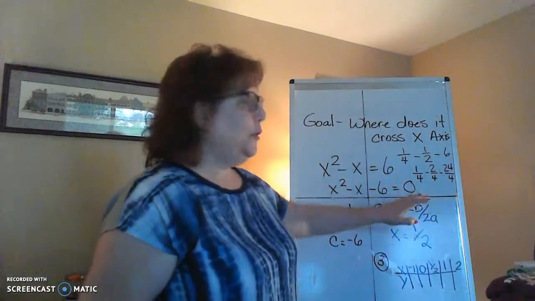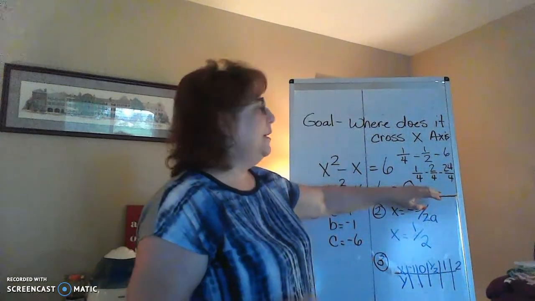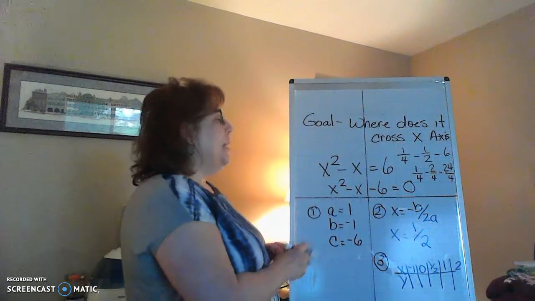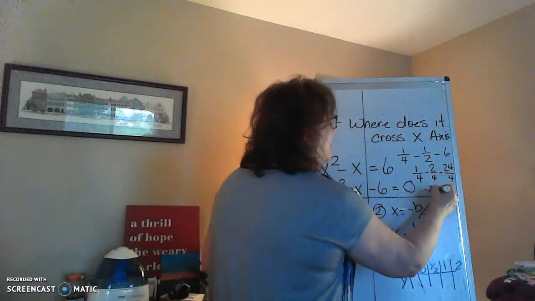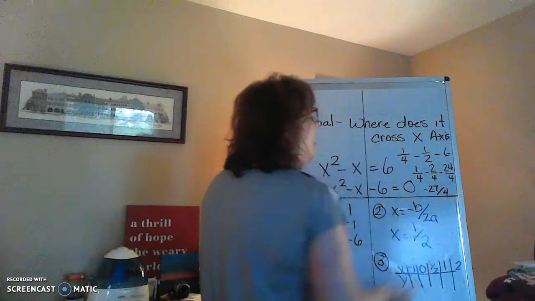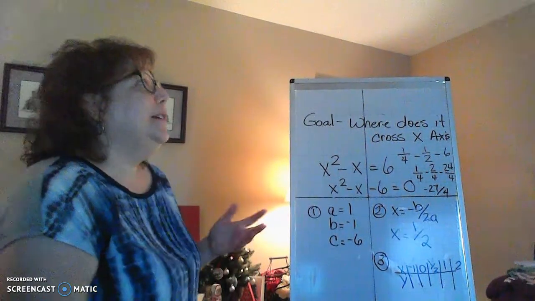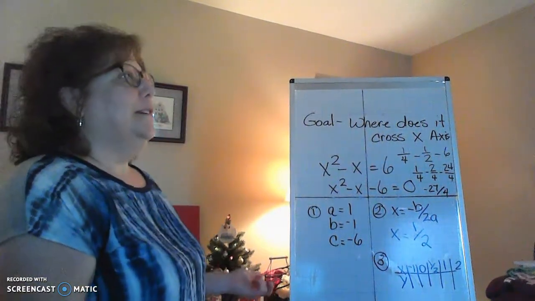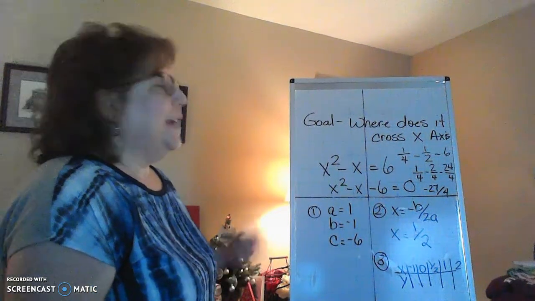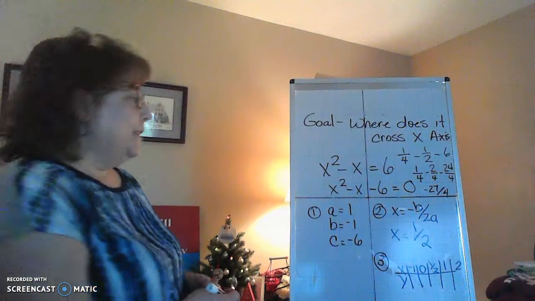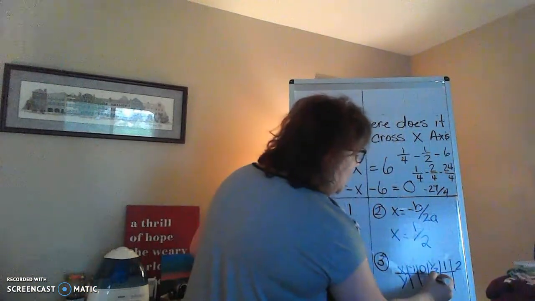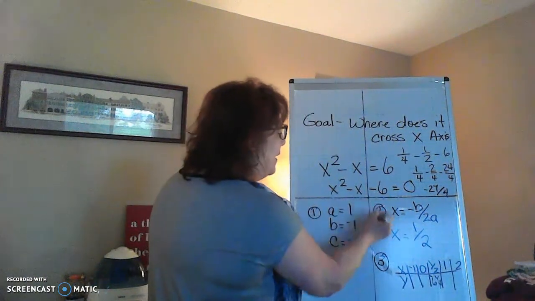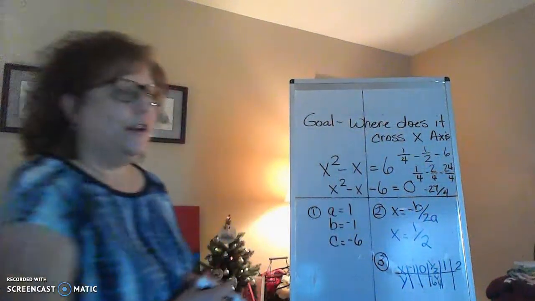Now, if you don't remember what I'm doing with this, then you need to go back and review the fractions. I'm not going to spend a whole lot of time on that. But I'm going to be left with minus 27 over 4, which comes out to nearly 7. 4 times 7 is 28. So it's almost 7, like negative 6 1/4. So 1/2 and then -6 1/4 is going to be somewhere. We're going to put that on in just a minute.